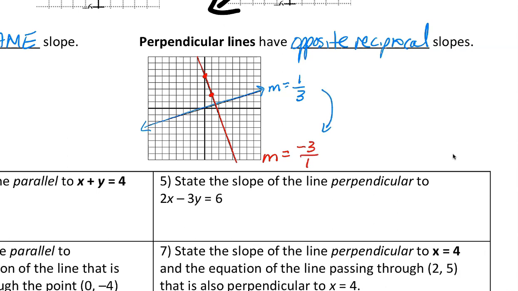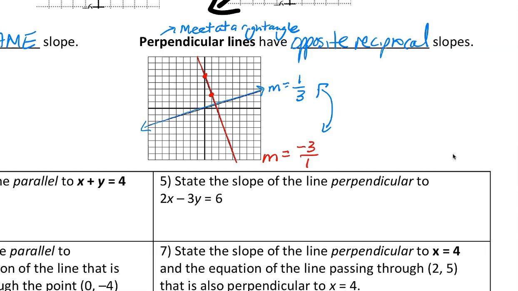Notice these two numbers are opposites, one's positive, one's negative, and they're reciprocals. One's a third and one's the flip of that, the reciprocal, the inverse of that. Perpendicular means they meet at a right angle.